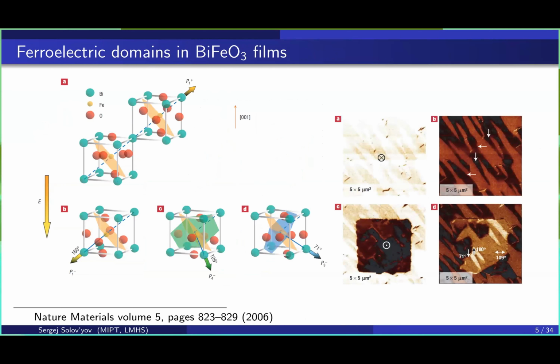As I said, the ferroelectric structure is strong in these materials, and there are three types of ferroelectric domain walls. Namely, 180, 109, and 71 degree ferroelectric domain walls. We will consider 180 degree domain walls because it's the simplest case, and it leads to the most interesting magnetic properties because it switches the Dzyaloshinskii vector.